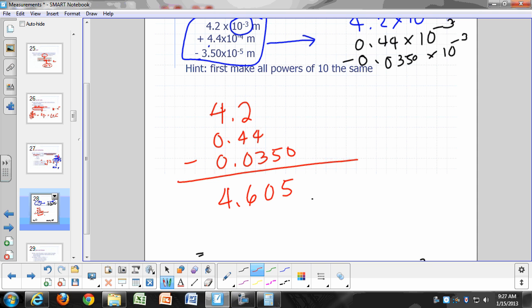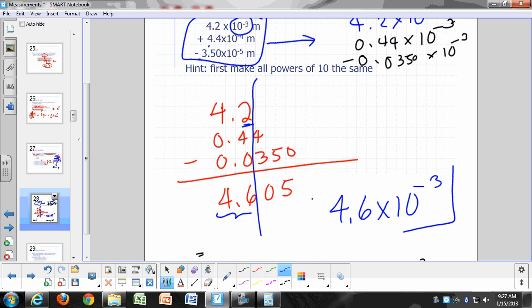All right, and you can see here that the least precise term is this one right here, 4.2, so you should round off your answer to 4.6. So the answer here is going to be 4.6 times 10 to the -3rd.